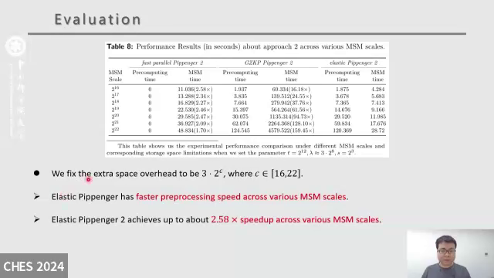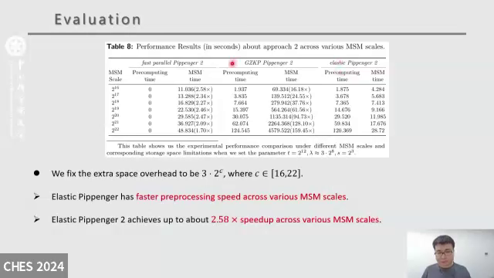Okay, if we fix the extra space overhead to be this, let's see the performance results about approach 2 across various MSM scales.